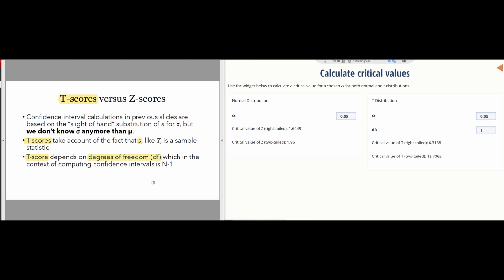That means we have sort of burned the data once, we've analyzed the data once in order to get the sample mean, our estimate of the population mean. And so the t-score is driven by the number of data in our sample, n, minus the fact that we've already computed one statistic.